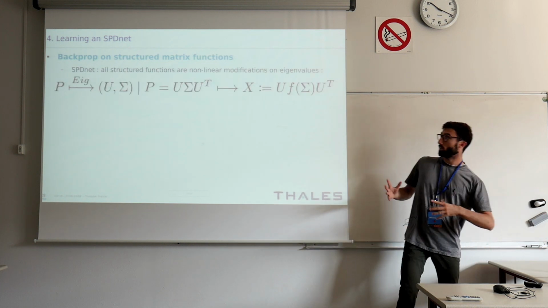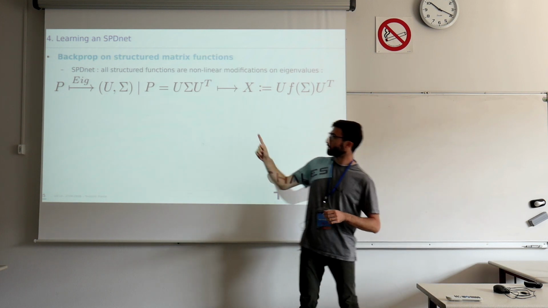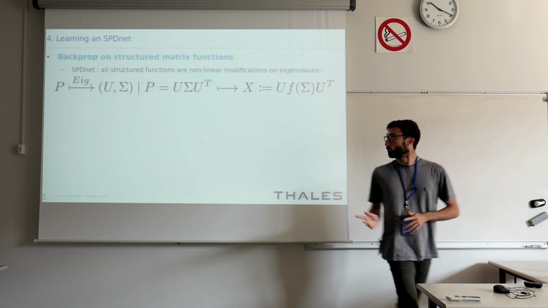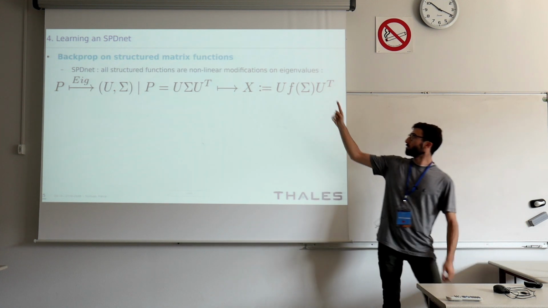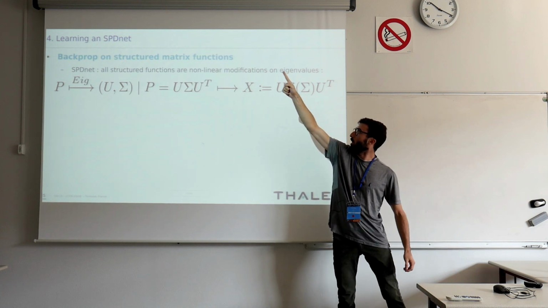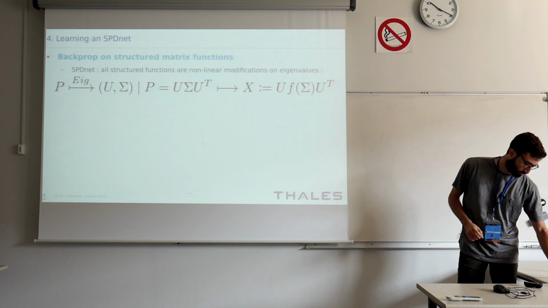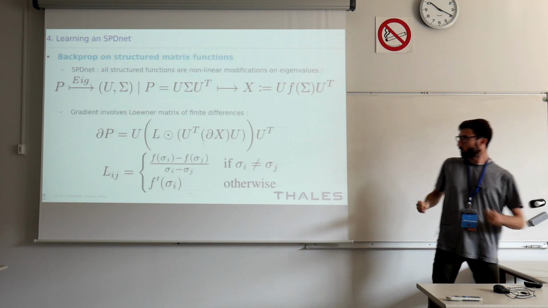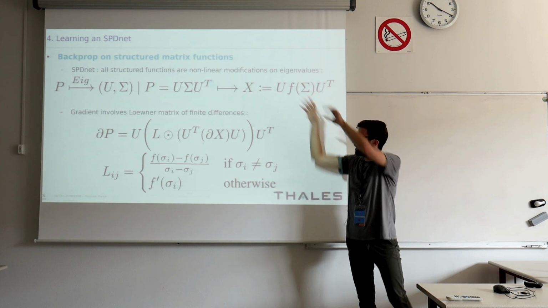So we recall that our structured matrix functions take this form. We have an input matrix P. We do an eigenvalue decomposition, and we have a nonlinear function f on the eigenvalues sigma. And here's the formula for backpropagation. During the backprop, we go from the output to the input.